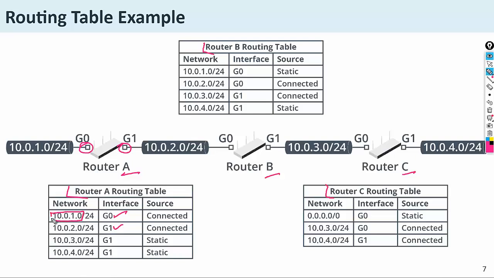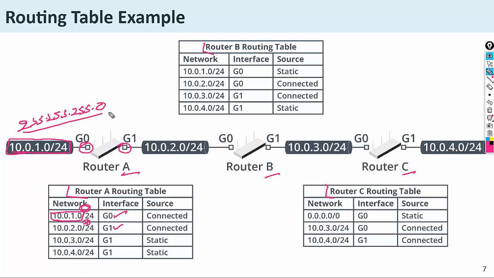Now you can see this is not showing only the IP address. The routing table has the information of the network, only the network. So 10.0.1.0, 10.0.0.1, for this network, what will be the subnet mask? 255.255.255.0.